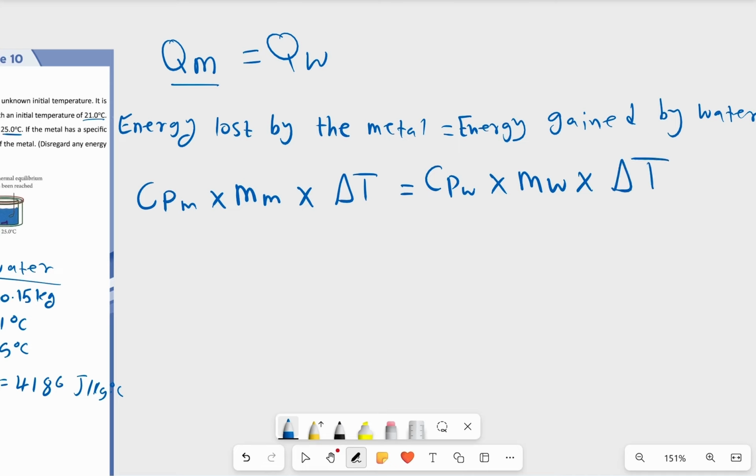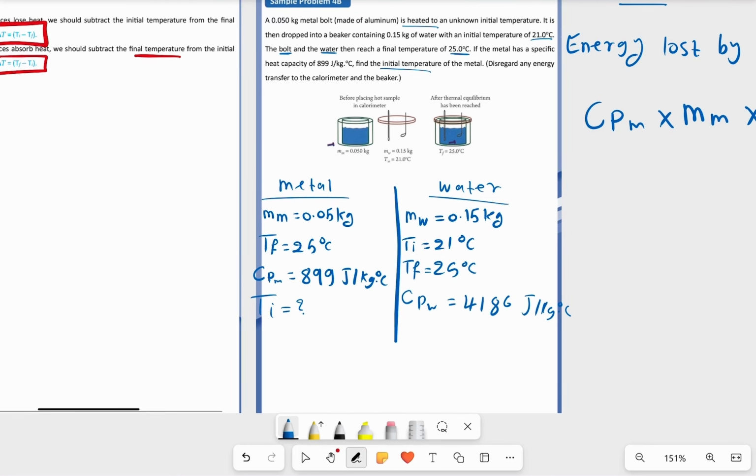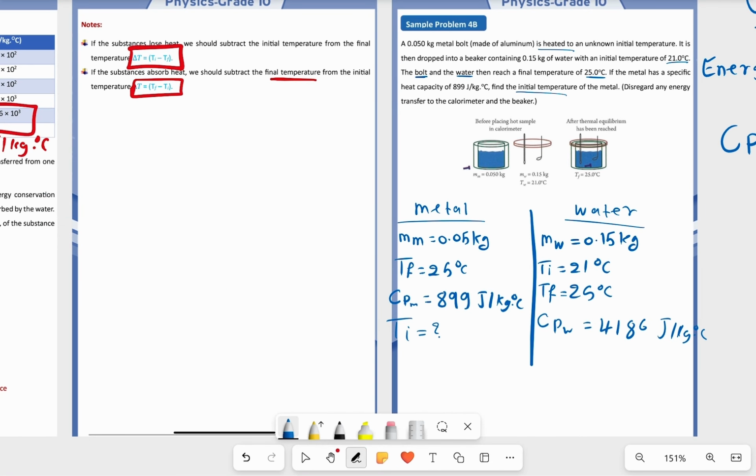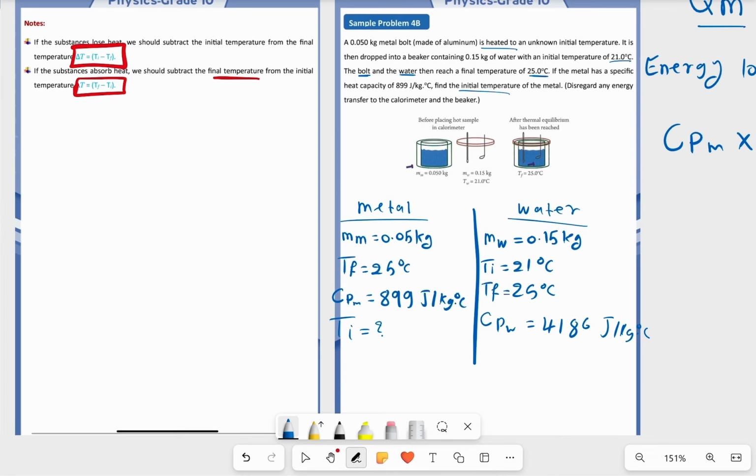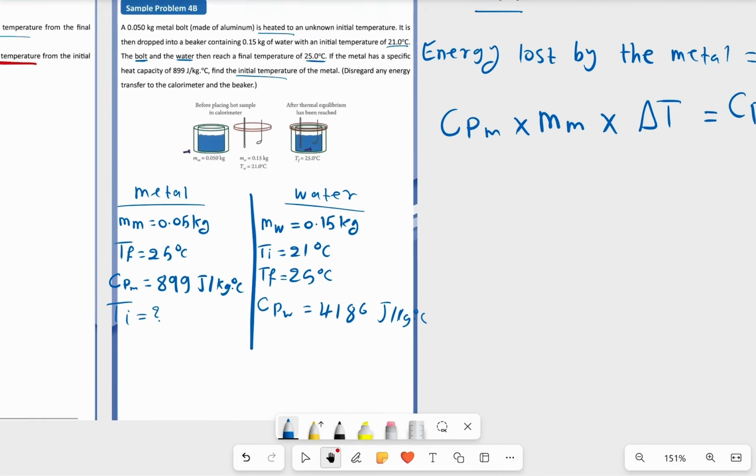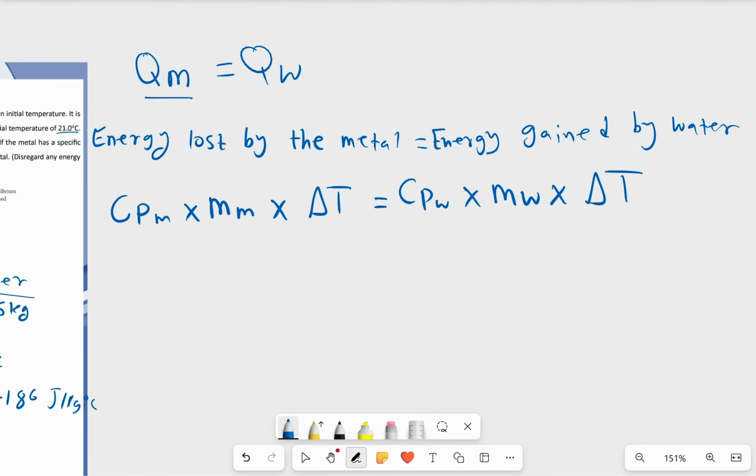Now guys, before we start plugging in our givens, let's first know, are we going to subtract T initial from T final or T final from T initial? Remember the 2 points we had, guys. If the substances lose heat, we are going to subtract the final one from the initial one. Does the metal lose heat or gain heat?